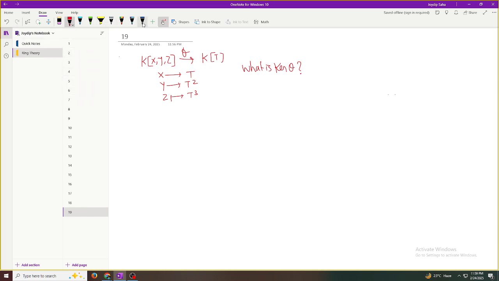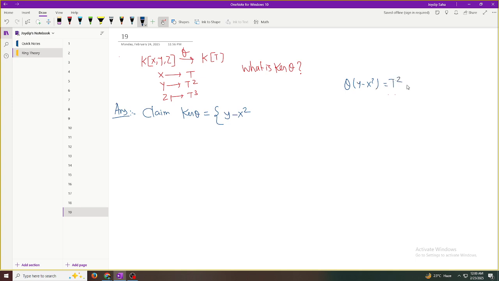My claim is, see, y minus x square, that is 0, right? Theta of y minus x square is 0, because what is y? y is t square.